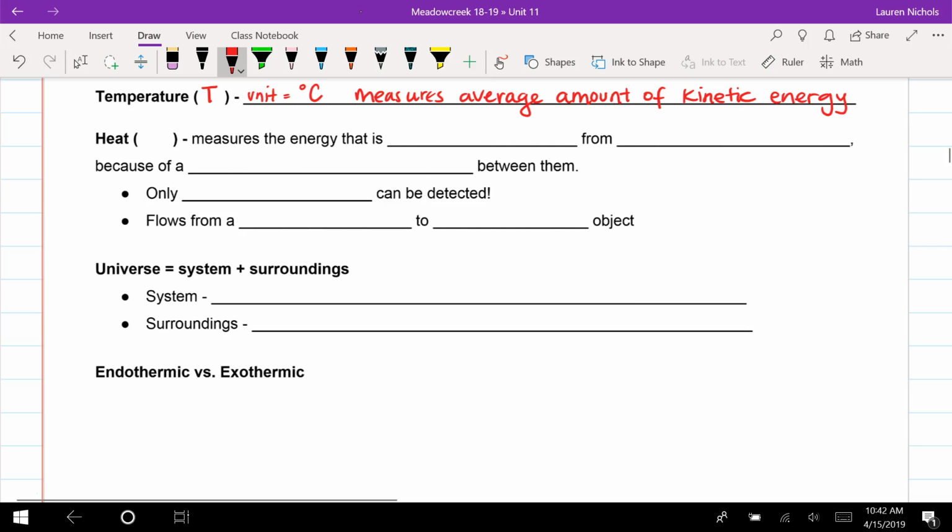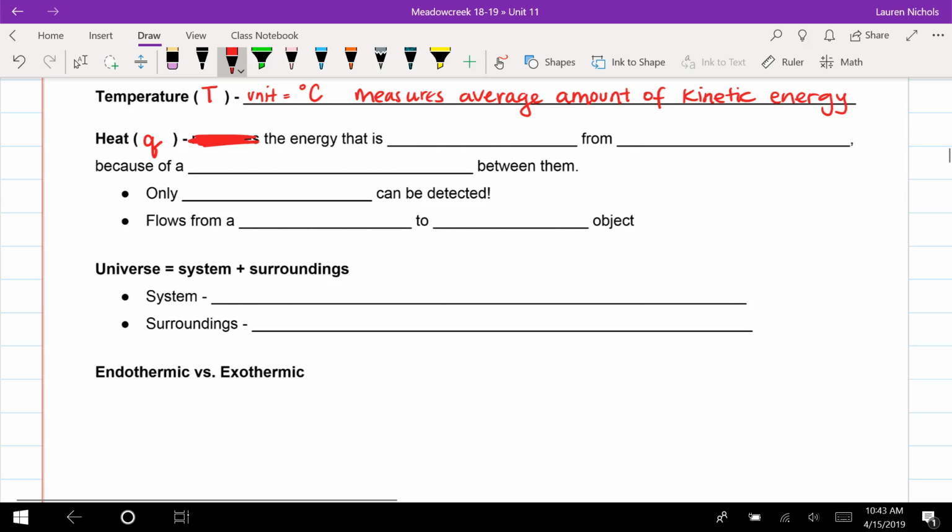And we can really only detect changes in that temperature. And so the kinetic energy comes in the form of heat. Heat is not really measuring anything. Heat uses the symbol Q, lowercase q, which is a little annoying. You would hope that it was an H, but that is used for Planck's constant when we talk about light.